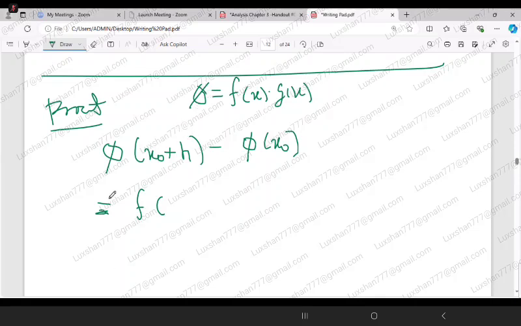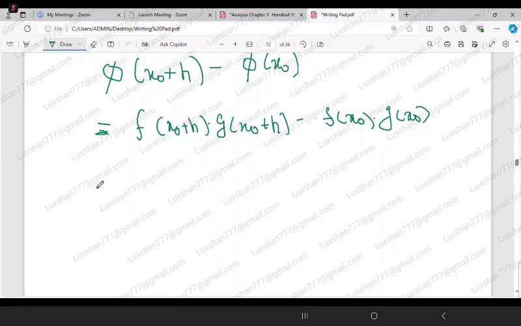Therefore pi of x naught plus h is f of x naught plus h into g of x naught plus h, minus f of x naught into g of x naught.